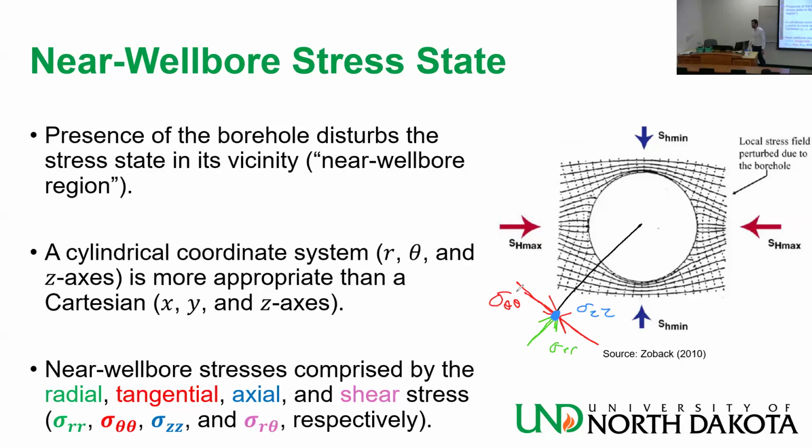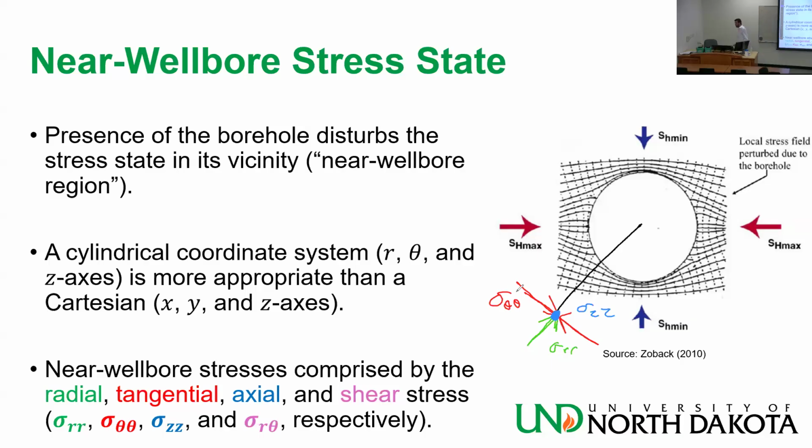We do that when we are dealing with horizontal wells or horizontal tunnels. So my graduate student Nassim, for instance, has a horizontal well drawn parallel to the x-axis. So if you read his papers, the axial stress would be sigma XX.